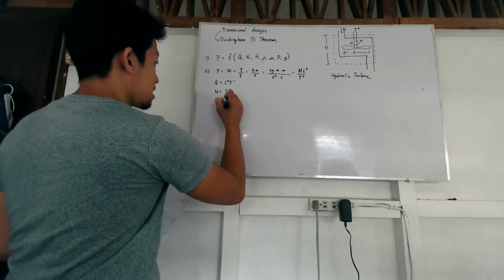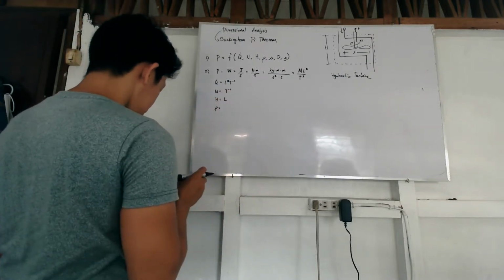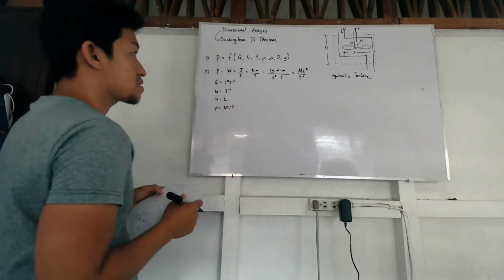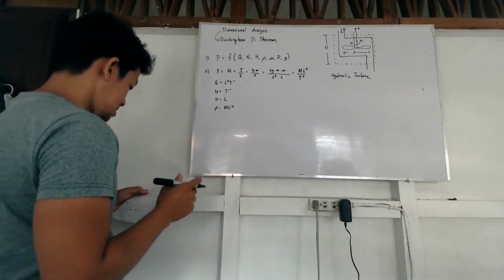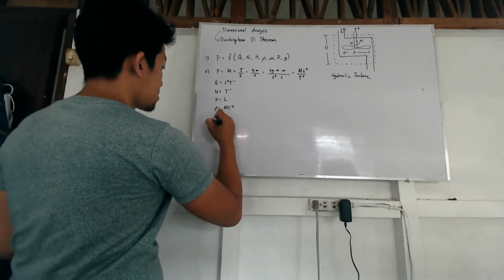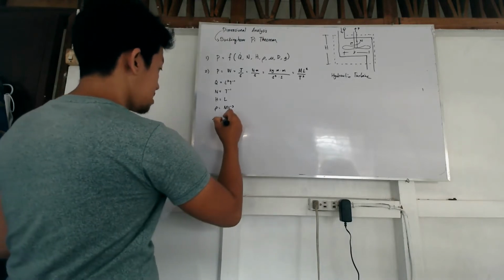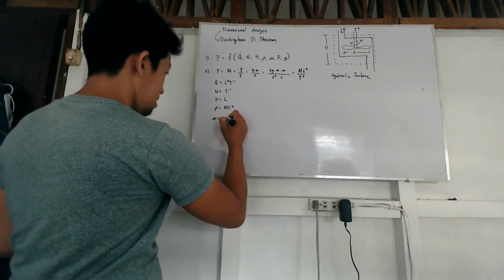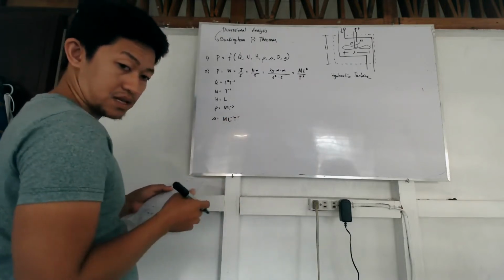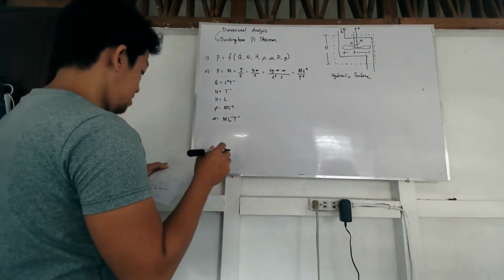H, the head, is length. Density is ML negative 3. And then viscosity, kinematic viscosity, you can verify that.